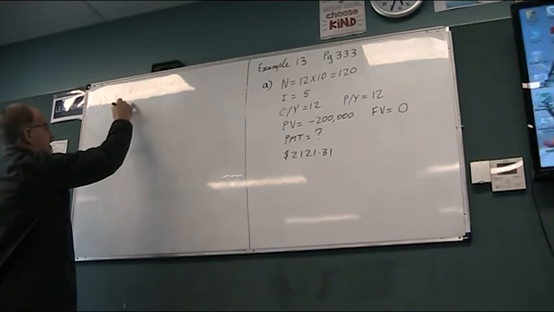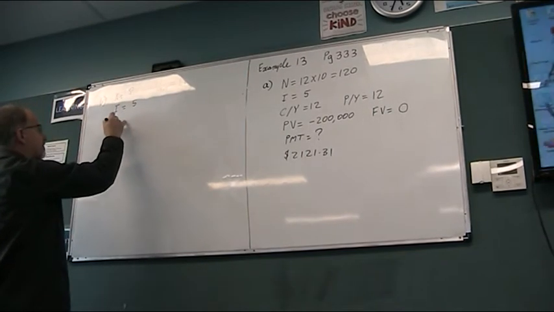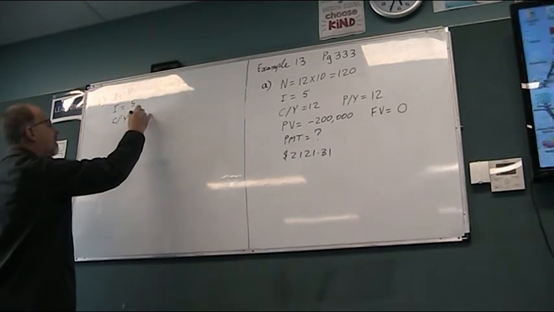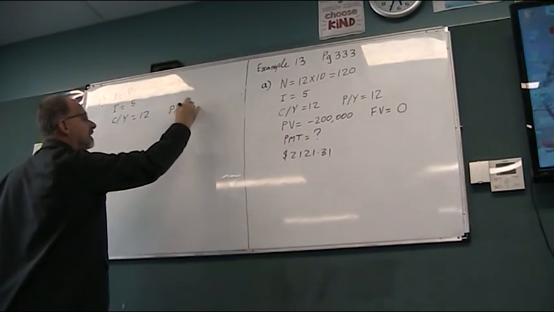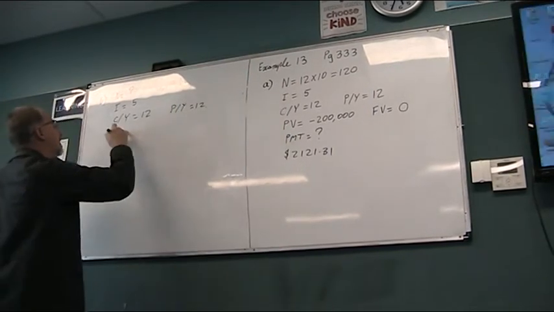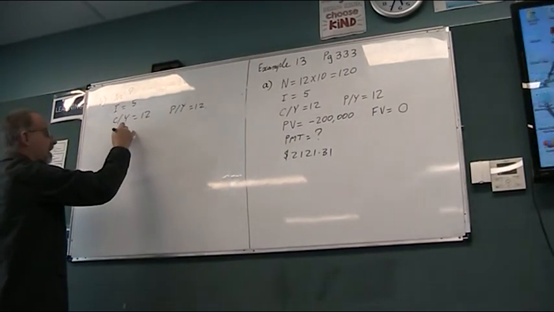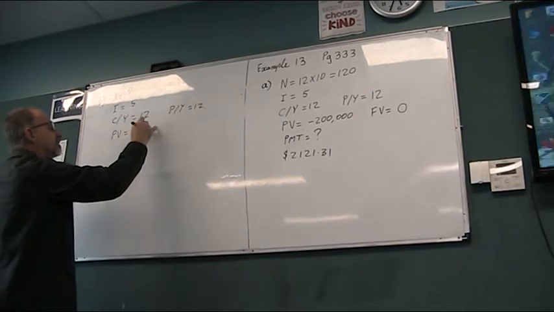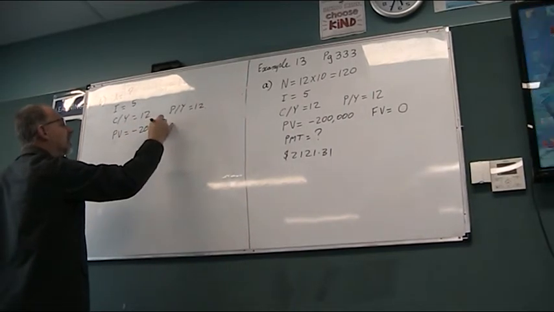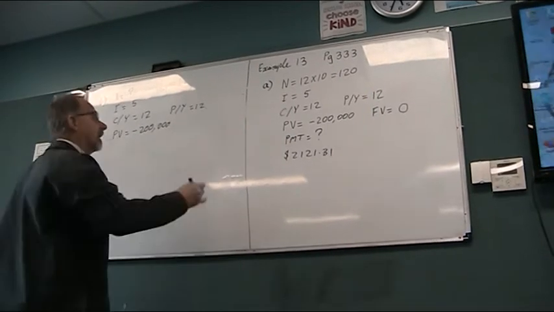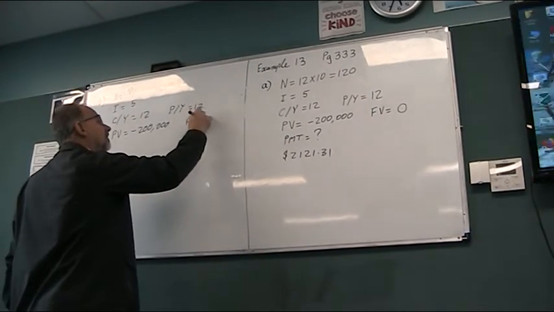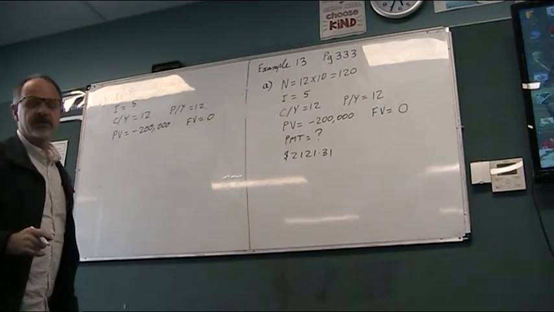A whole bunch of other stuff doesn't change. The interest rate doesn't change. The number of compounding periods doesn't change. The number of payment periods in the year doesn't change. The amount that he invests to begin with doesn't change. His future value still doesn't change.